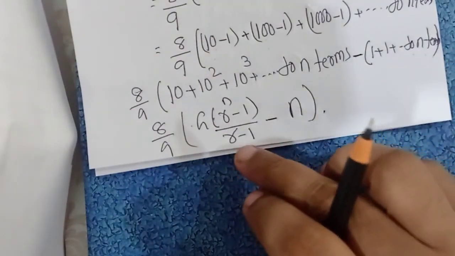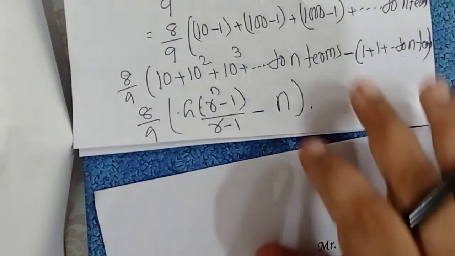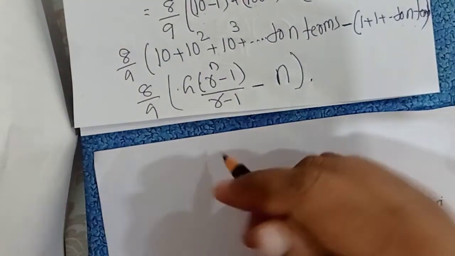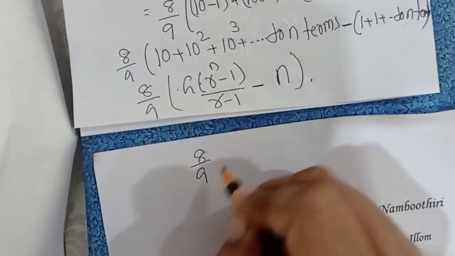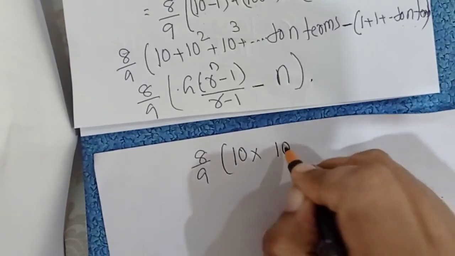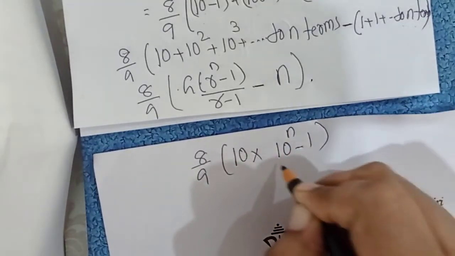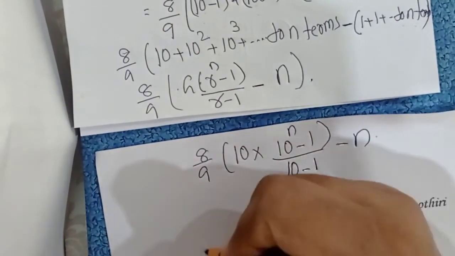Now here you can substitute. How can you substitute that? All of you look here. 8 by 9 into, what is your A? 10 into R is 10, raised to n minus 1 by 10 minus 1, minus n. Okay, students?